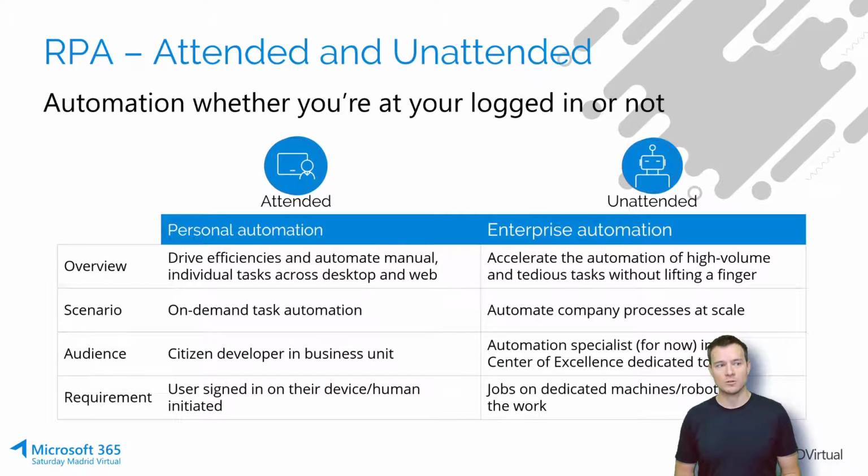Now, last thing I want to explain before we move on to the demo is that the RPA can run in two modes. There is the attended mode and unattended. The attended mode is called a personal automation. It always requires a user to be logged into the machine. The machine obviously has to be turned on.